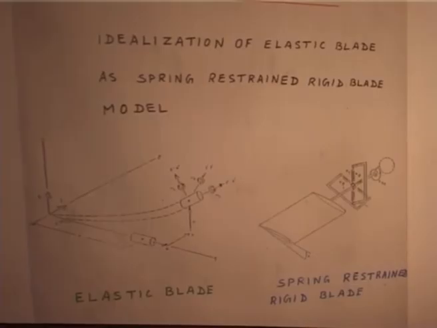Now, this is the model of an elastic blade. If you want to follow systematically, it is basically a displacement formulation. You assume a displacement and then get the strain, then once you get the strain go to stress and then write your equilibrium equation.